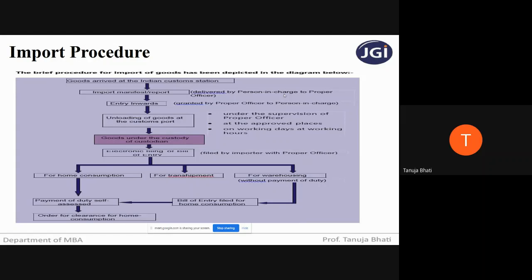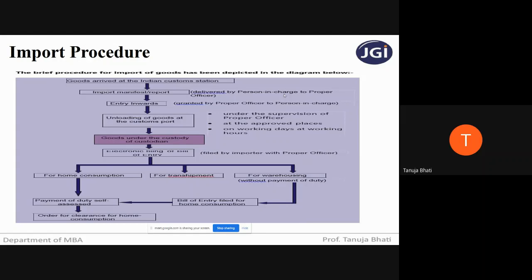Now what is this import manifest report? Import manifest report is nothing, students, but detailed information given to the customs authorities about the goods that have been imported, either through vessel or aircraft, which are being brought to any customs station.